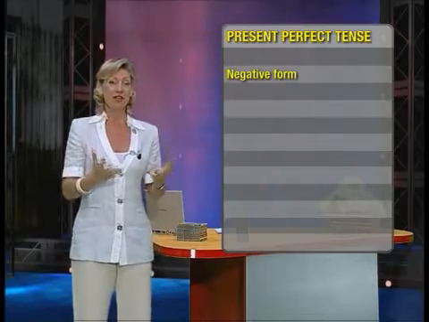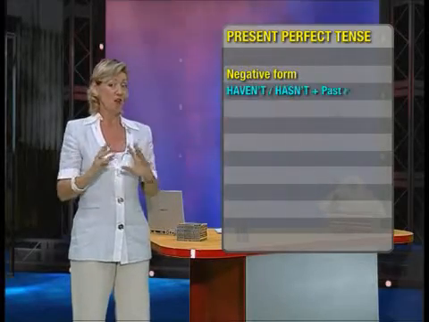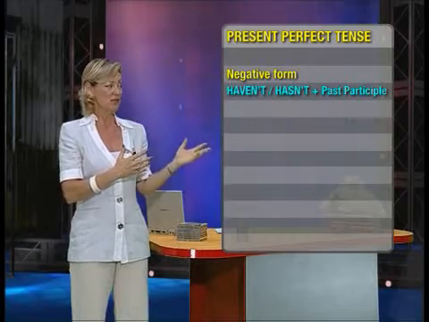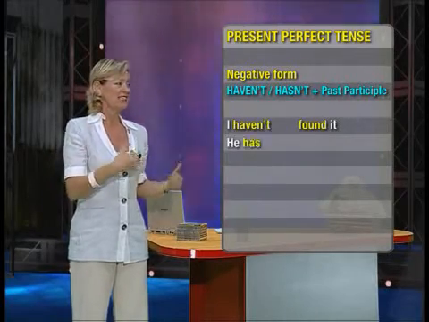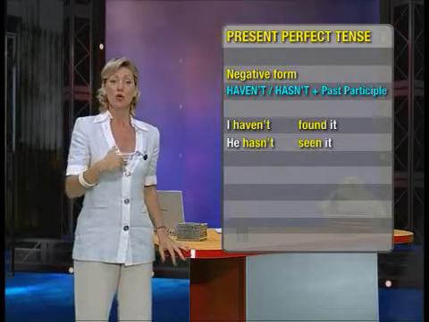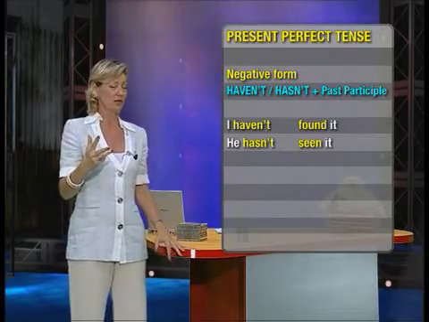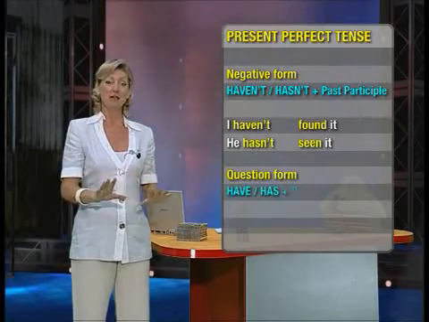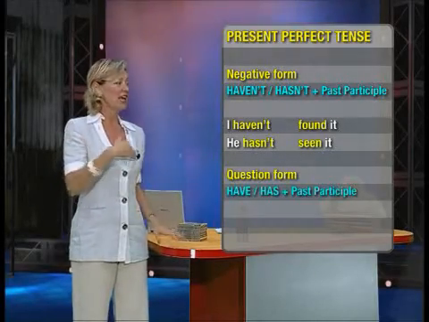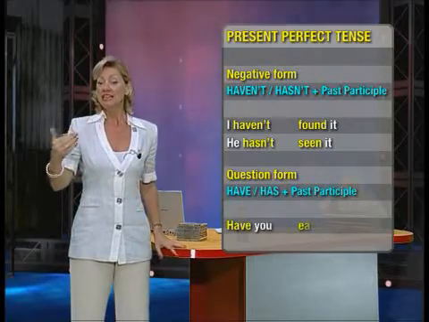Negative form is easy. The auxiliary goes into the negative haven't or hasn't. Look at the examples. I haven't found it. And he hasn't seen it. See, saw, seen, past participle. Okay? Question form, you invert the auxiliary, the subject, as always. So, have you eaten?